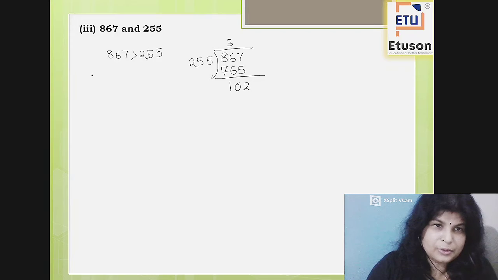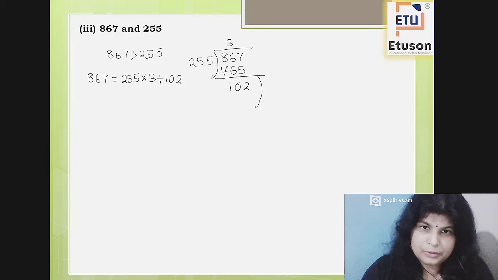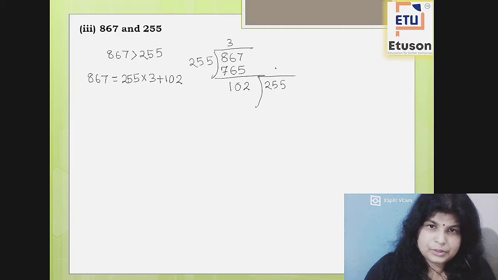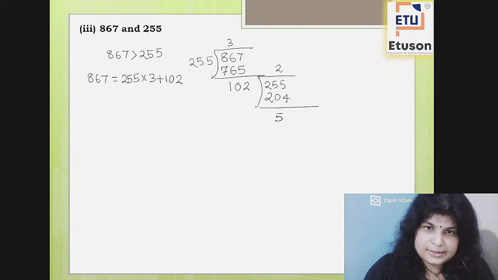So let us write down the first step, that is 867 is equal to 255 into 3 plus 102, where remainder is not equal to 0. So now the remainder becomes your divisor and 255 becomes your dividend. So here comes your 2 as quotient and you will get 204 here, and your remainder is equal to 51.